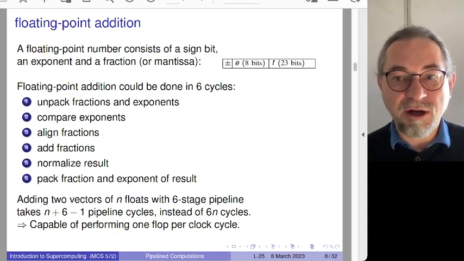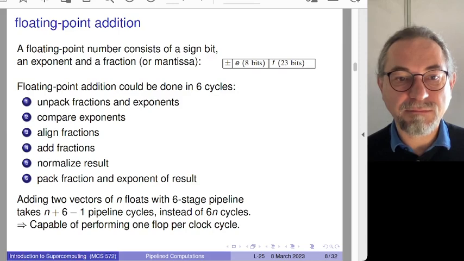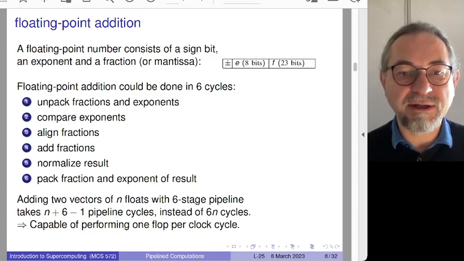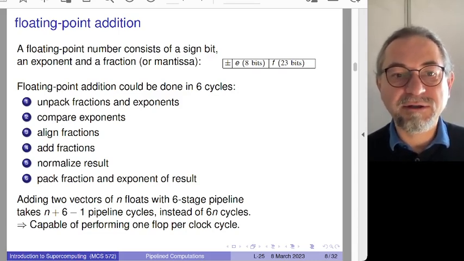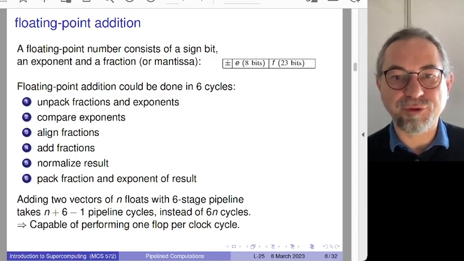One needs to unpack this and compare the exponents. For the smallest number, the exponent gets adjusted, and the fractions are then aligned. Then we can do the addition of the fractions, we normalize the result, and then we must again store the result in the packed format. Here in the example, the 32-bit format.